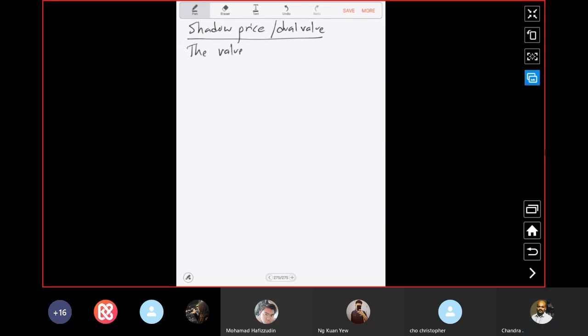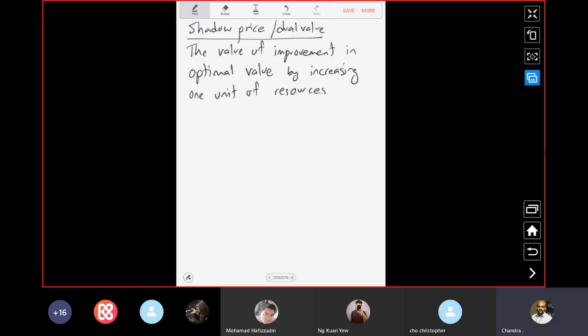The value of improvement in optimal value by increasing 1 unit of resources in the binding constraint.